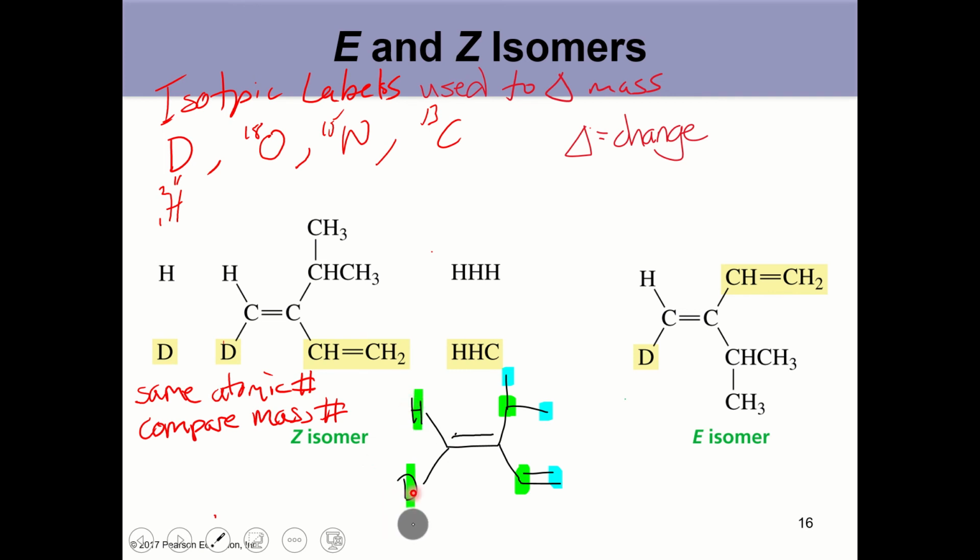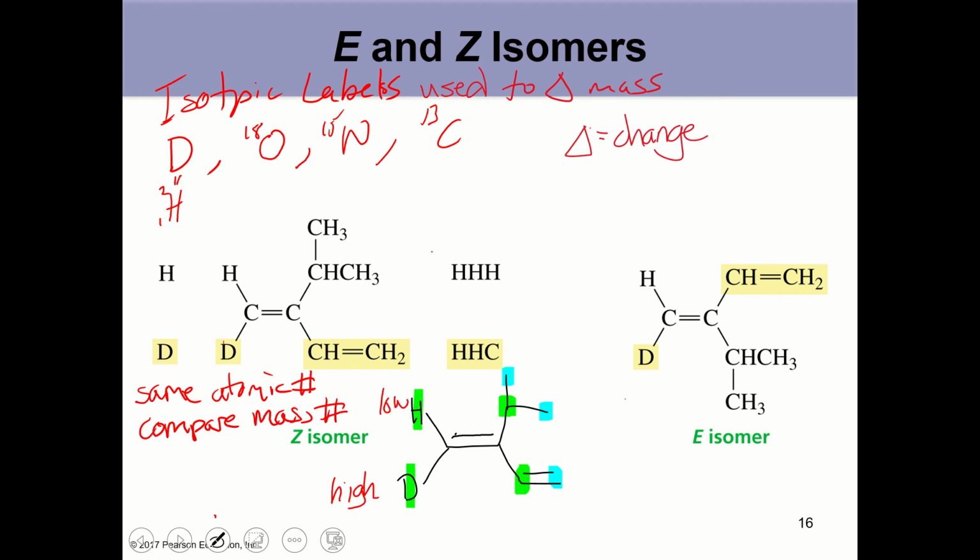Now, another rule. If the atoms you are comparing have the same atomic number, they're isotopes, but they're not the same thing, so you will compare atomic mass, or the mass number. So we're going to choose deuterium as our high priority group because it has a higher mass number.